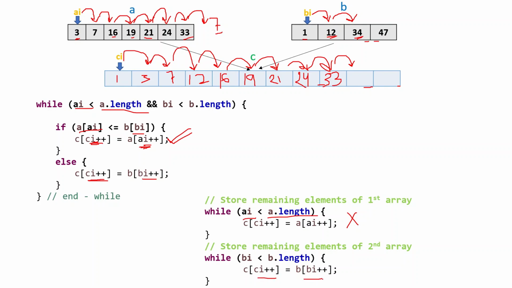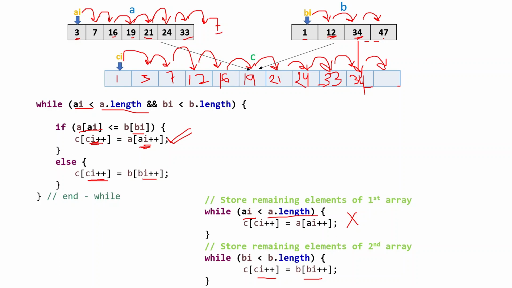So BI is less than B dot length, which is true, BI is pointing to 34, we are just directly putting it here. 34 we are putting here, and CI plus plus, BI plus plus. So CI plus plus is going here, BI plus plus is going here. Again BI is less than B dot length, it is true.